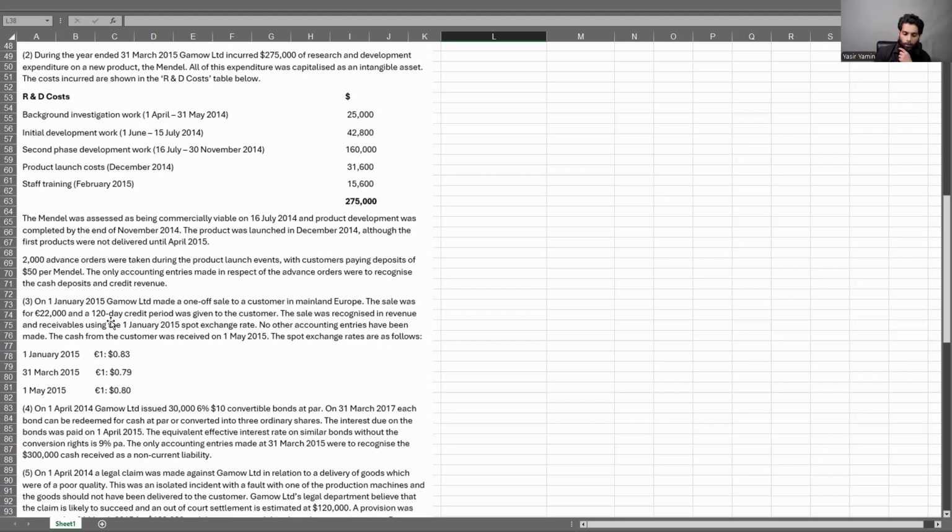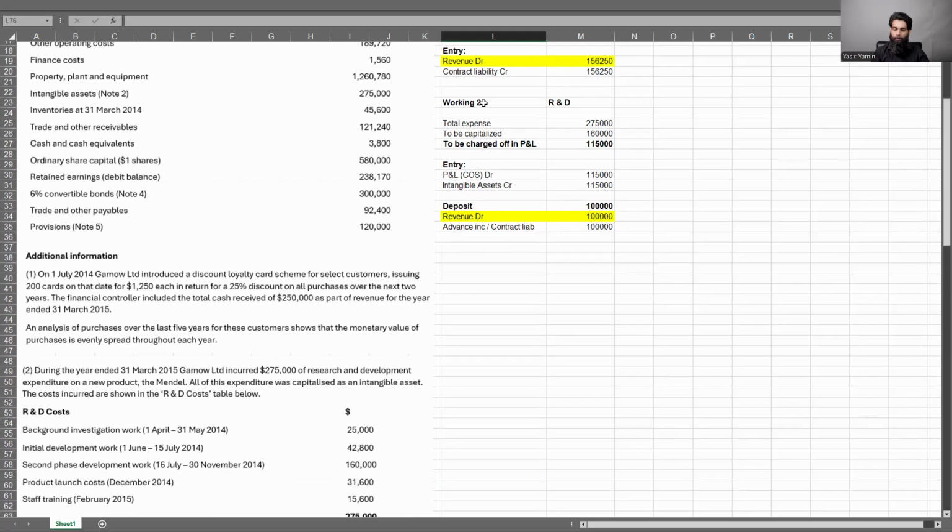It says the sale was recognized in revenue and receivables using the 1st January 2015 spot exchange rate. So what the guys basically did, I'll write it here. Working number 3, and this is foreign sale. We did a foreign transaction in euros of 22,000 on 1st January 2015.